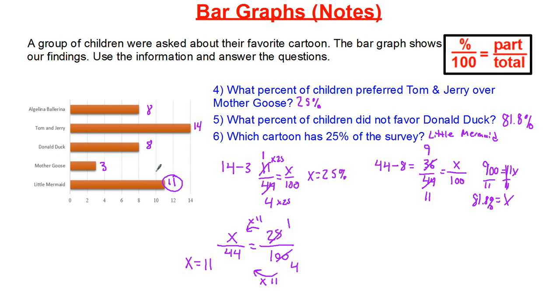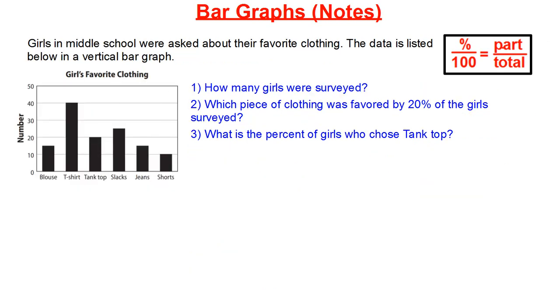If we go ahead and turn this counterclockwise, is that counterclockwise? Yes, counterclockwise, it'll look something like this. Okay, so girls in middle school were asked about their favorite clothing. The data is listed below in a vertical bar graph. How many girls were surveyed? All right, so it looks like all of these that's not directly on the line goes directly in the middle.